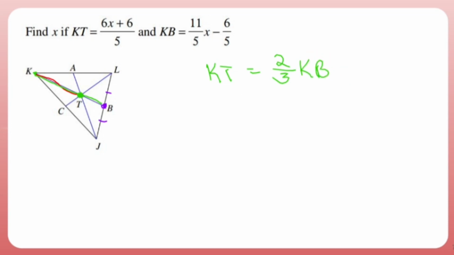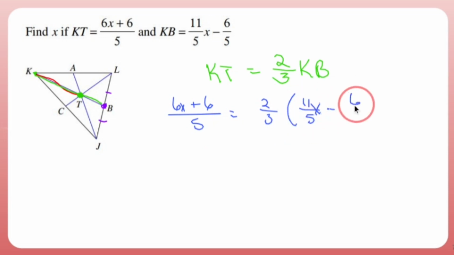This is going to take a few minutes. KT is (6x plus 6) all over 5. That's going to equal 2/3 of (11x minus 6) over 5.